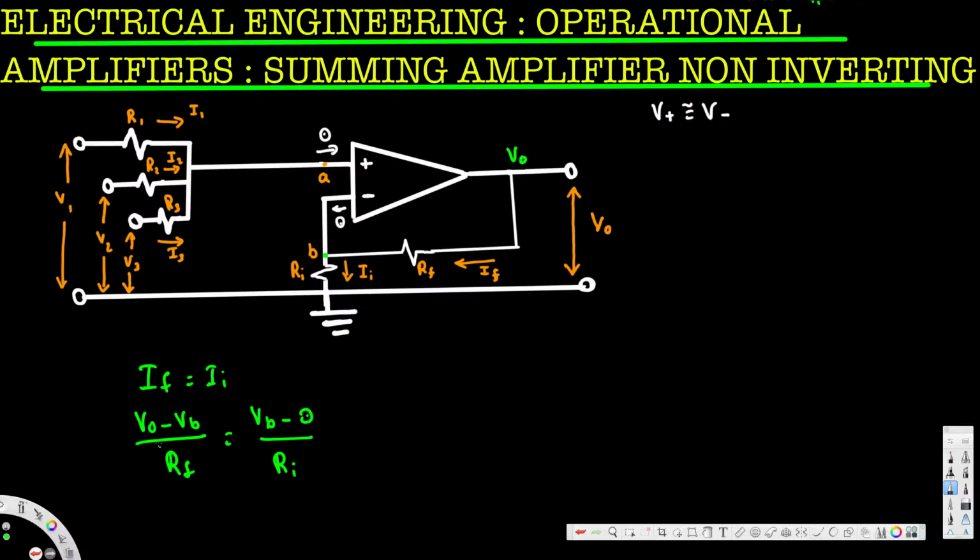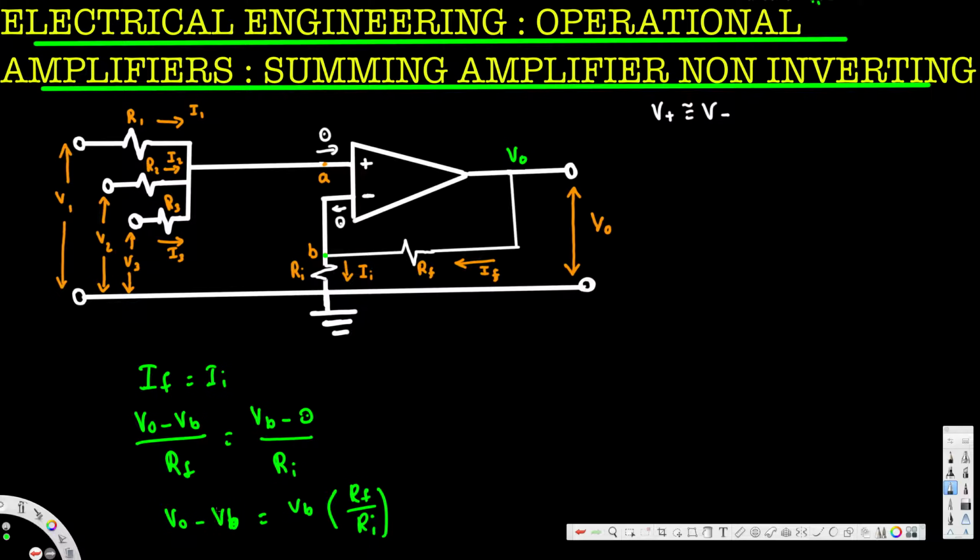Okay, now we are trying to find VO, so let's rearrange this equation. Let's bring this RF to this side. So this is going to become VO minus VB is equal to VB multiplied by RF over RI.